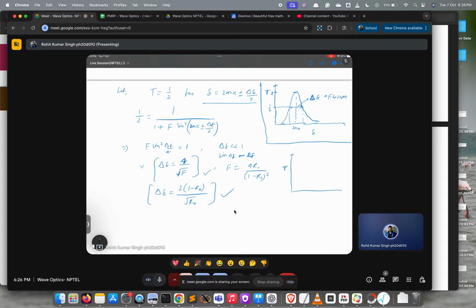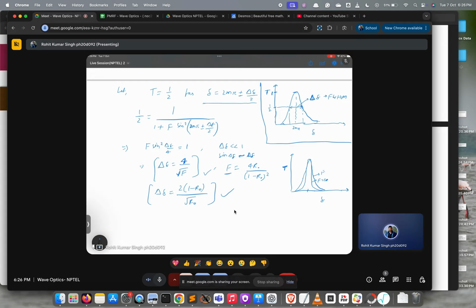the transmittivity as a function of delta, if you increase your F, the coefficient of finesse, your width decreases. So if I can draw it for two different values of F, suppose this is for F equal to 10, then for a smaller value of F, you will have a broader peak.